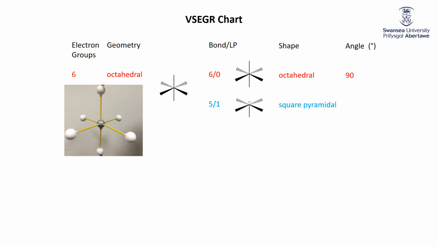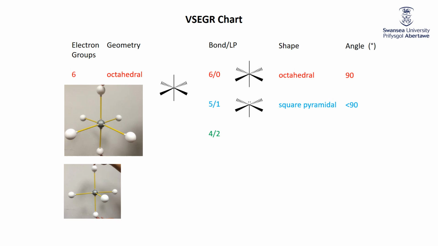This shape is called square pyramidal. There is a picture of it. Not an amazing picture because you can't really get the full effect that this is a square on the base and this top one at the top here. An ideal square pyramid are of course the ones built by the Egyptians. When you have IF5 or other molecules though, because the lone pair is more repulsive, the angle is slightly less than 90 degrees.